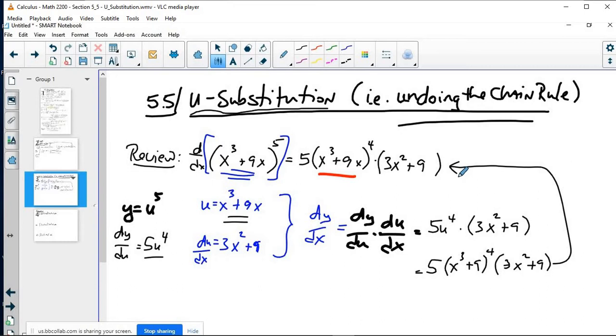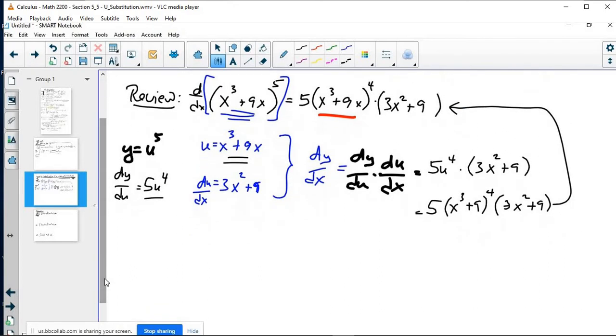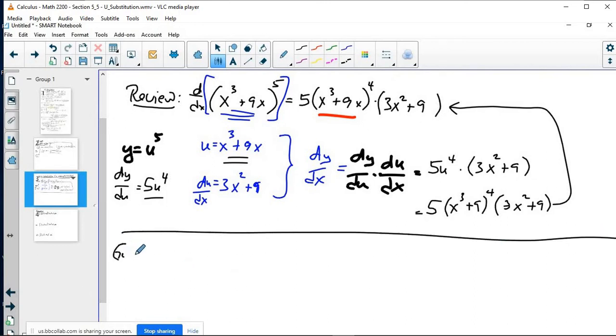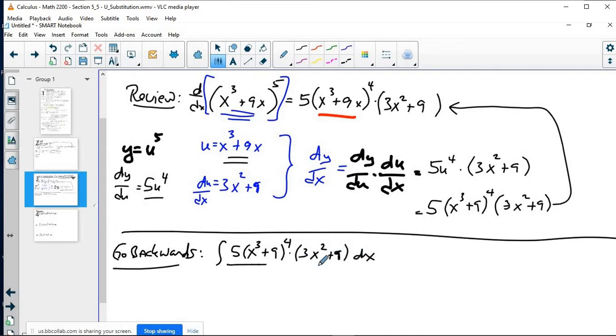So now if I wanted to undo the chain rule, I want to go backwards. Well, obviously with a problem like this, I already know whose antiderivative that is, because I just found the derivative.